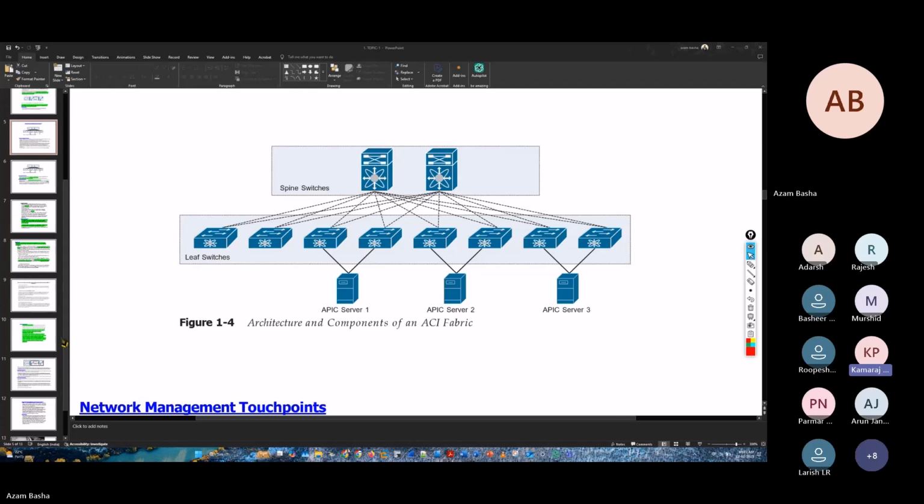In this architecture, in the actual scenario, there is no connectivity between the Epic servers. How will it sense the failovers, given they are connected to the leaf?